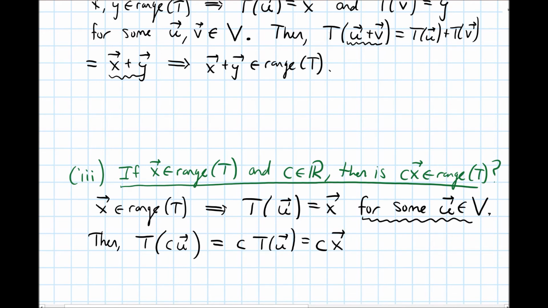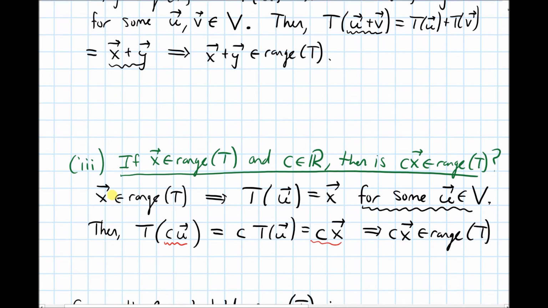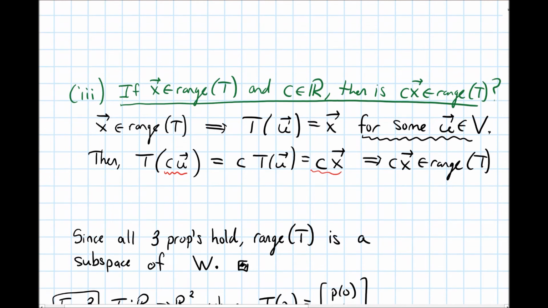And that's what we wanted to show, because now we know that there's some vector I could plug into T to get out c times x. That implies that c times x is in the range of T. Okay, so finally we can write our conclusion, which is, at this point we've checked the third property, we've checked all three. Since all three properties hold, that means the range is a subspace of W.